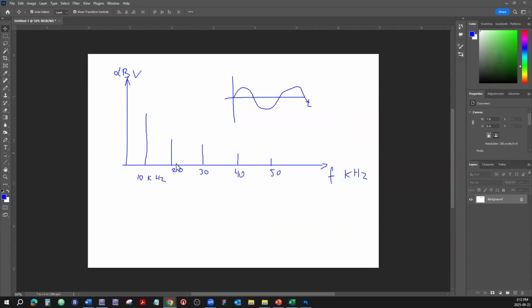Now, so we're talking about harmonic distortion. Now, what happens if we have some sort of another spike here that is not within the harmonics? If we want to calculate the total harmonic distortion, we're just considering the harmonics.